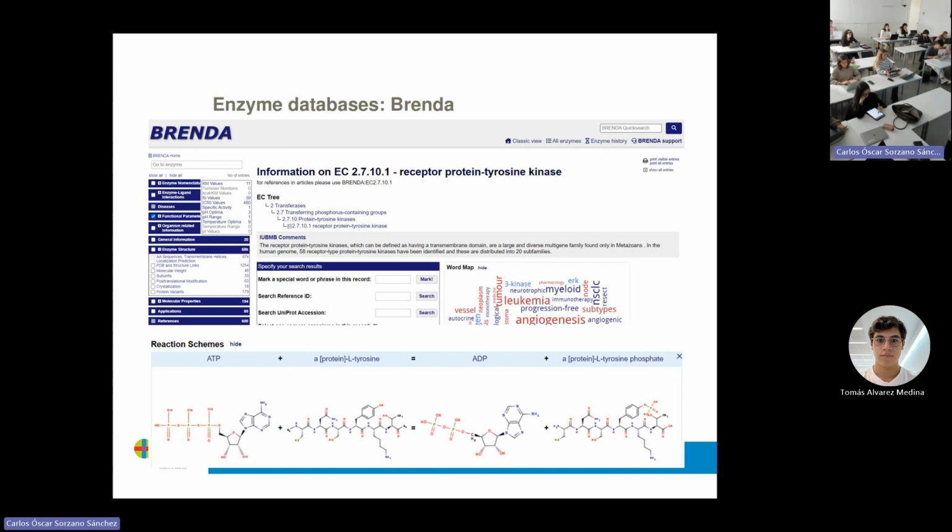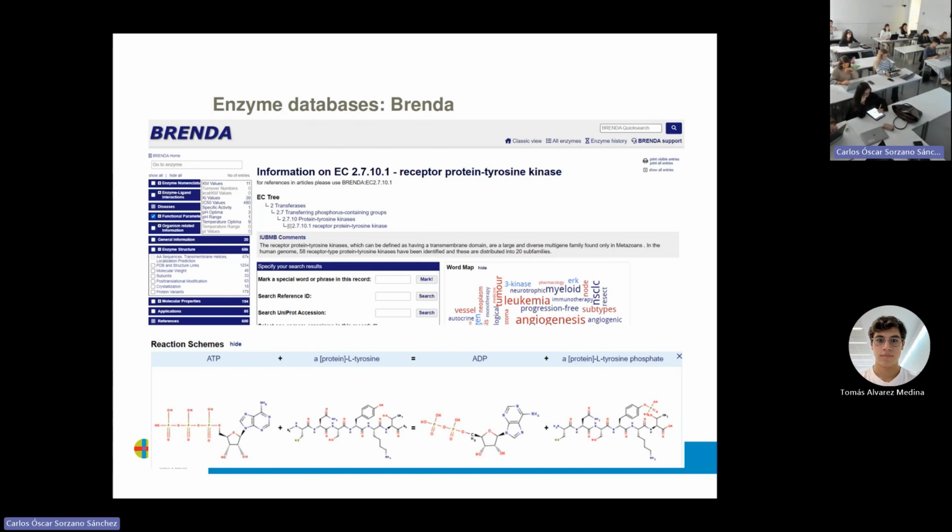Okay, so there are databases of enzyme data. So you have, for instance, here, this is a function. So you have a list of possible enzymatic reactions. So you have transferases.